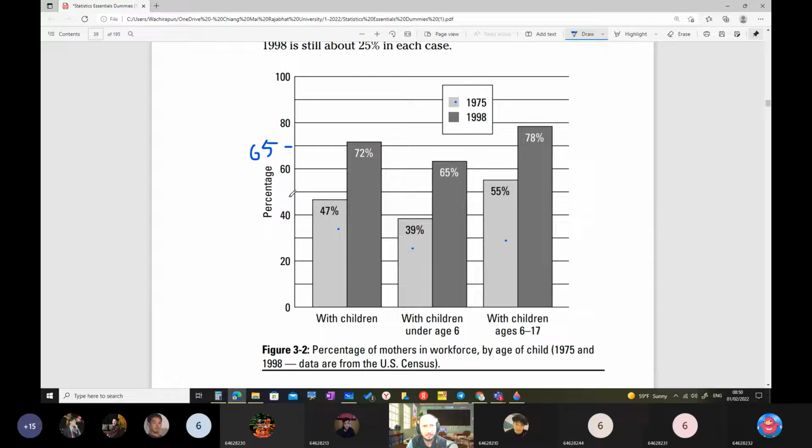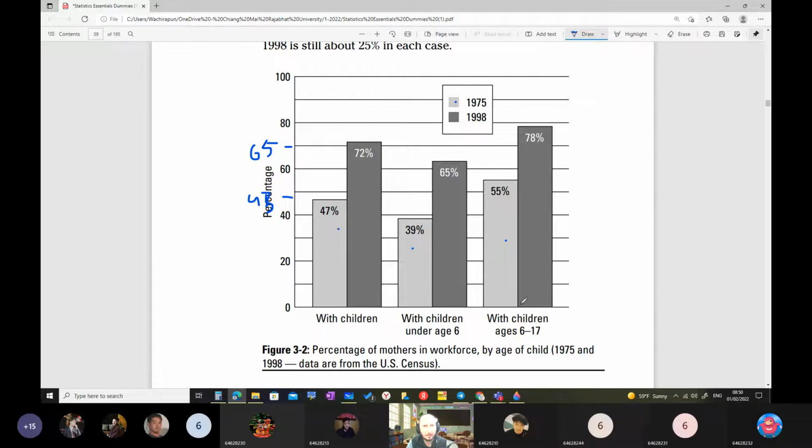This is 43 maybe, right? So we can see overall mothers with children. So in 1998, more mothers who have children are working, okay, than in comparison with 75.